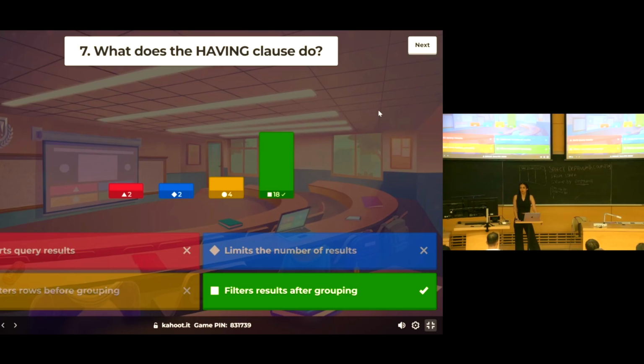In that case, we are grouped by department, but we want only those departments, not all the departments, that have, let's say, more than 50 employees. If these are my departments, and I'm using HAVING number of employees more than 50, then the result will be only this one, right? Is this clear?